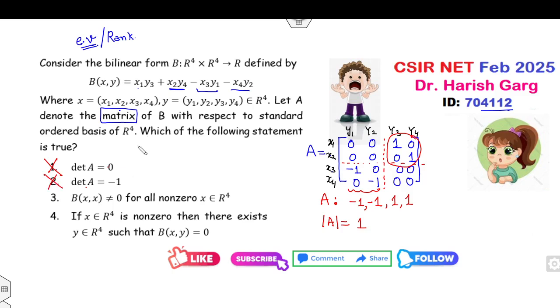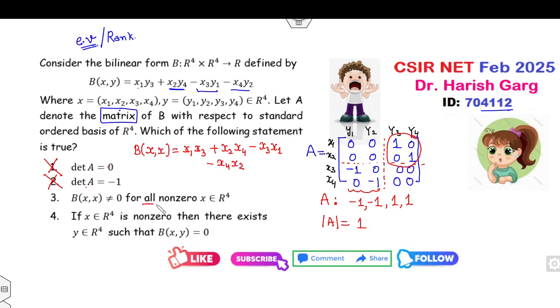B of x comma x. Firstly, you can find the value of x comma x. It will be x1 y3 plus x2 y4 minus x3 y1 minus x4 y2.